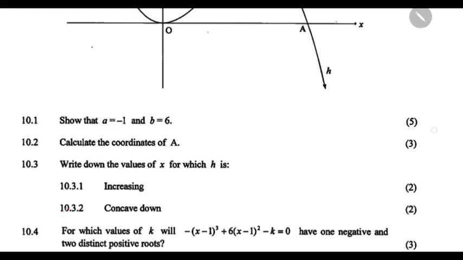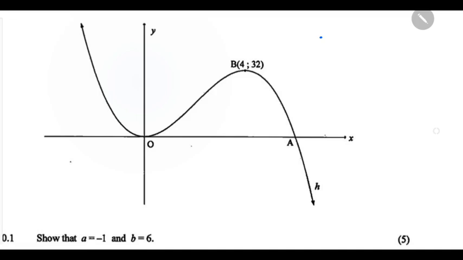Now we need to give the answer where this graph is concave down. First of all, I need to find the point of inflection. I need to find the second derivative, and then I can give the answer where this graph is concave up or concave down. I've got two turning points. I'm going to take the midpoint of these two turning points. That will be my point of inflection.